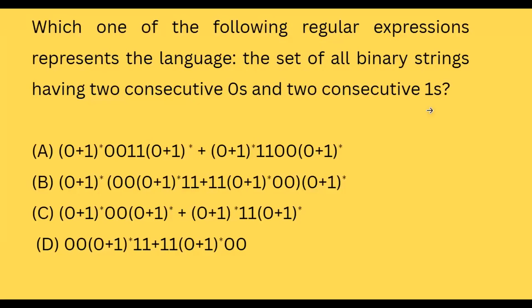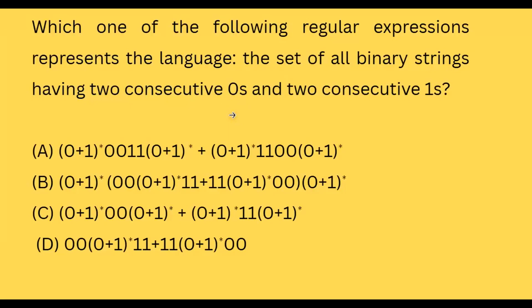So for example, if we take option A, it specifies only the pattern 0 0 1 1 and 1 1 0 0. That means both should appear contiguously, but as per the question, the zeros and ones may appear in any part of the string.